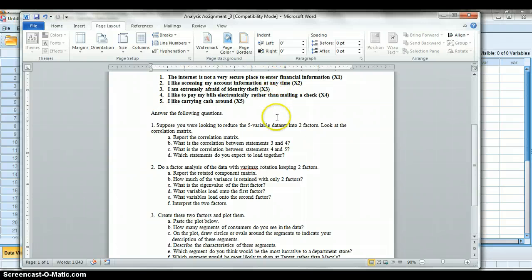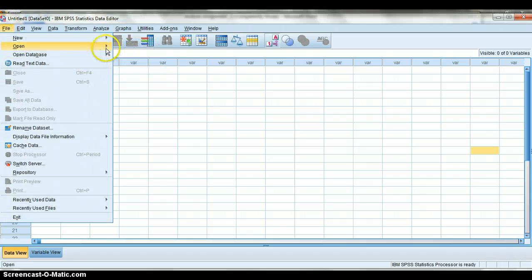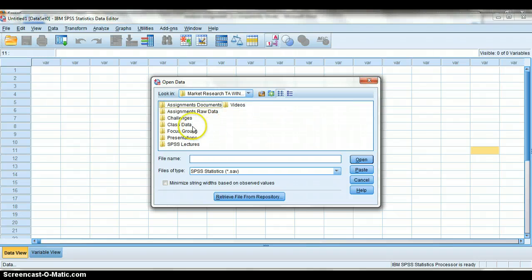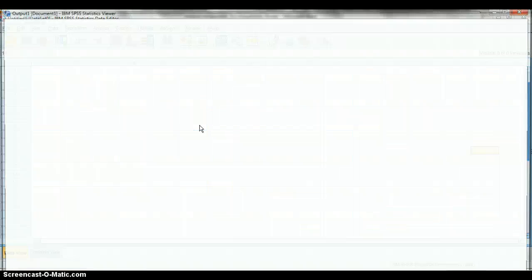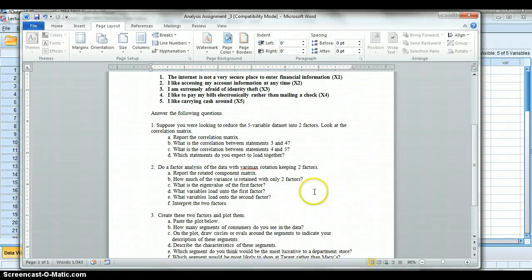So number 1. First thing I'm going to load my data in. And I haven't really read through this. Okay, the correlation matrix.